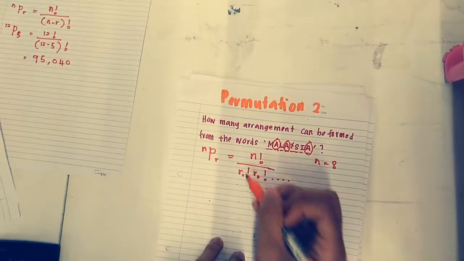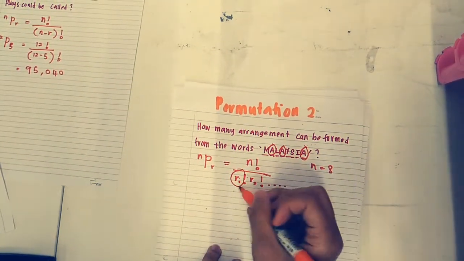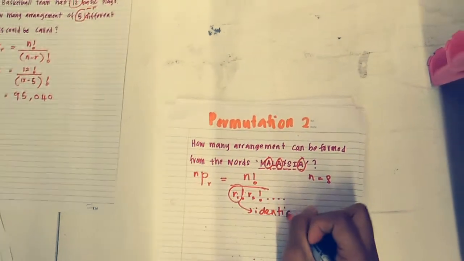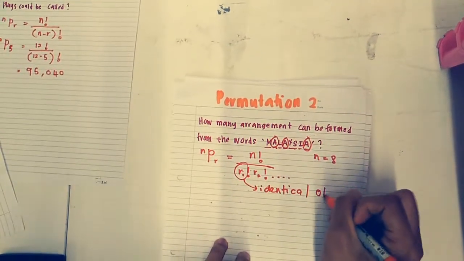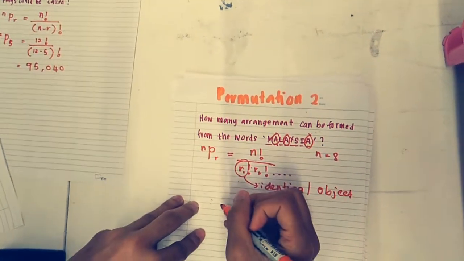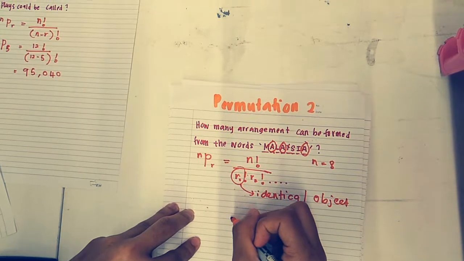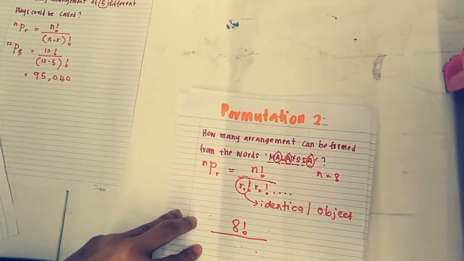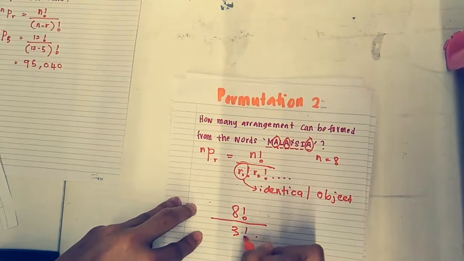So we use this formula where r is the identical objects, right? So n is 8 factorial divided by 3 factorial.